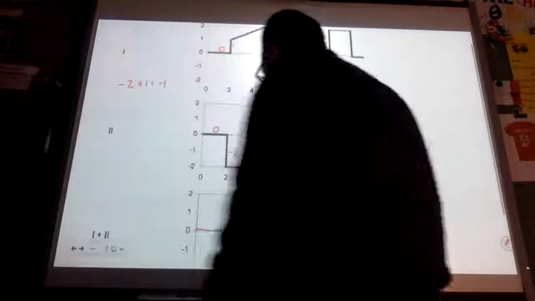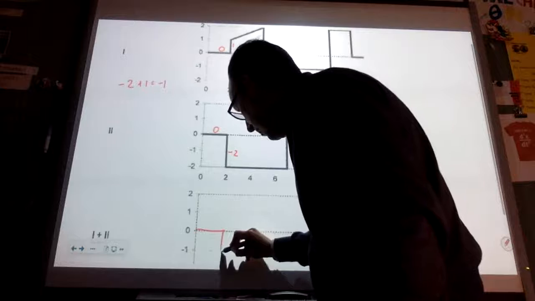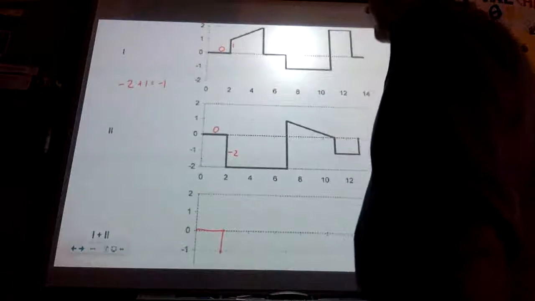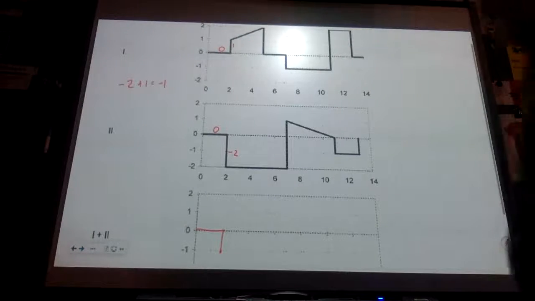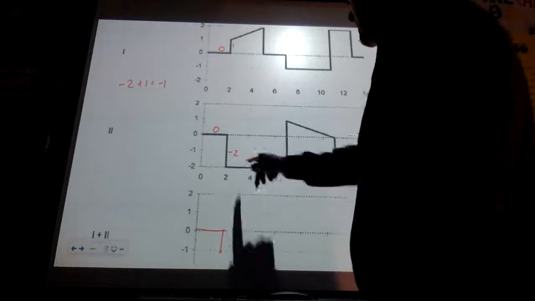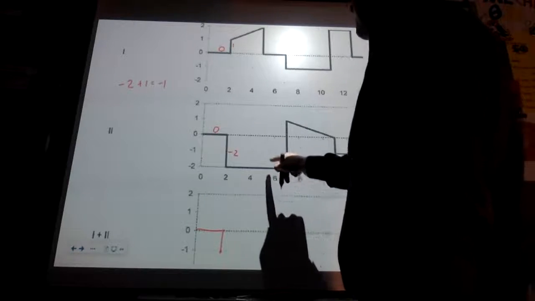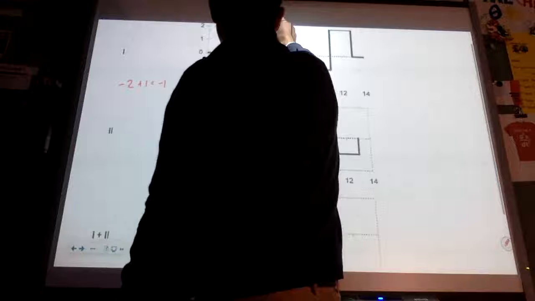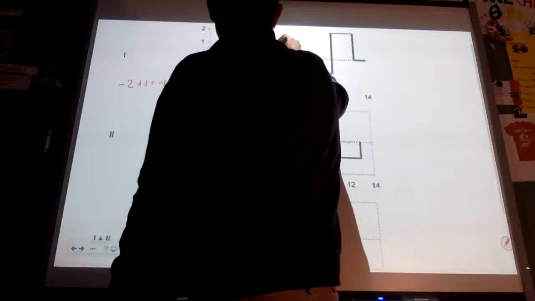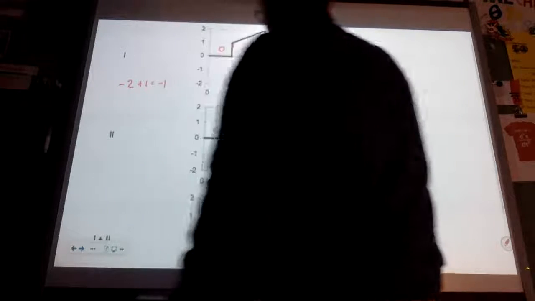So that means at 2 seconds, I'm all the way down to -1. All right, this stays at -2 to 7. This builds from 1 to 2, and it makes it to 2 at 5.